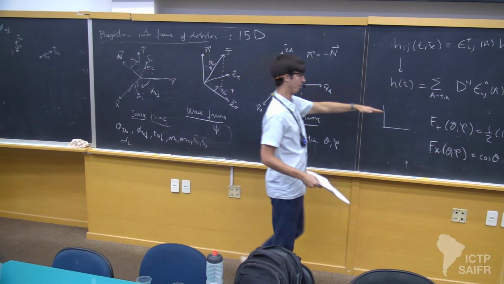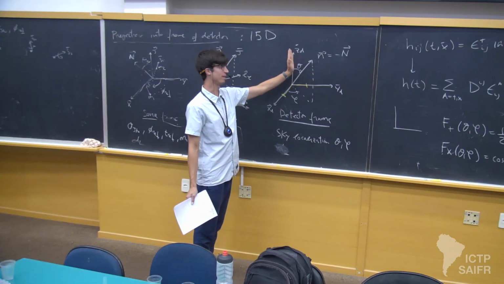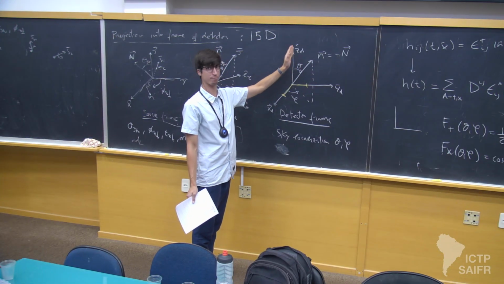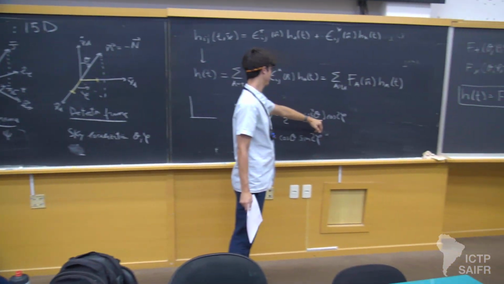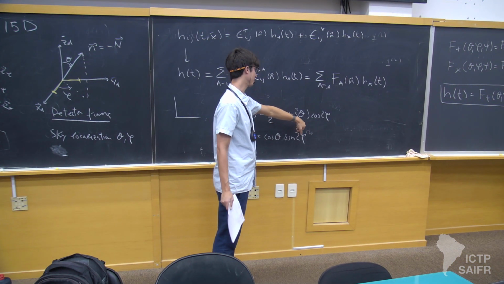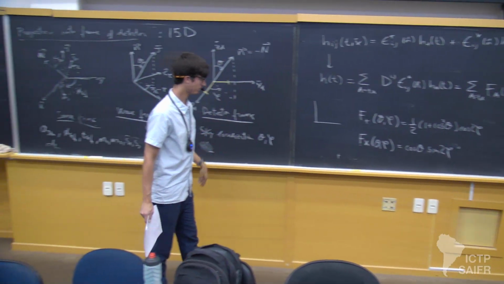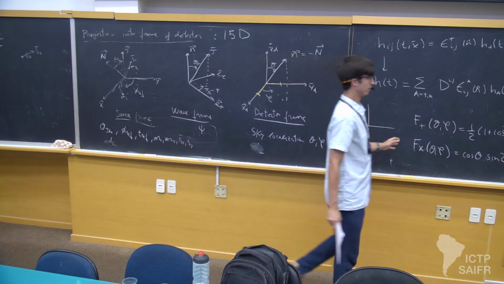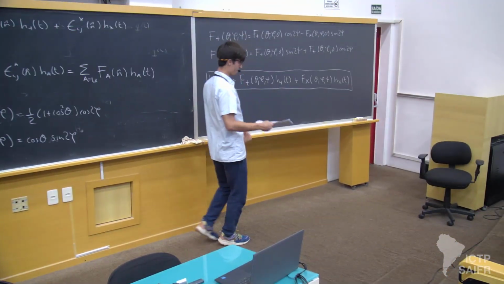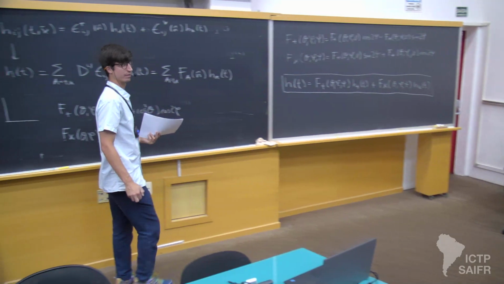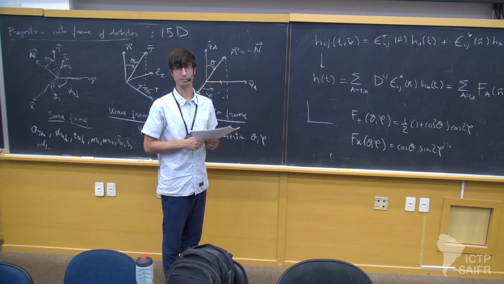For example, if you have something which is coming from above, if theta is 0, then the contribution here is going to be maximal. And then also, importantly, the polarization angle also affects the signal.